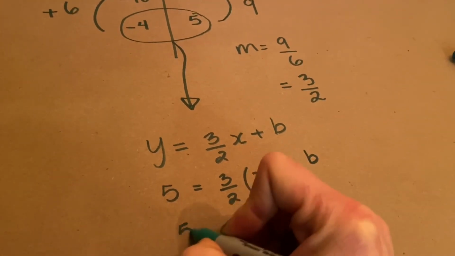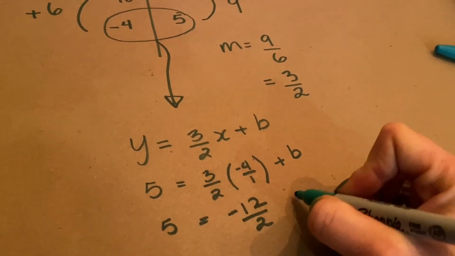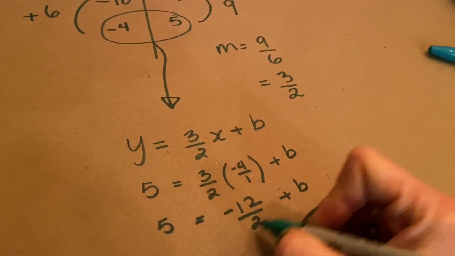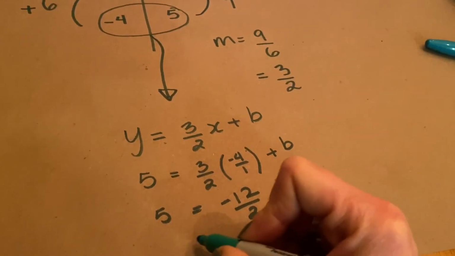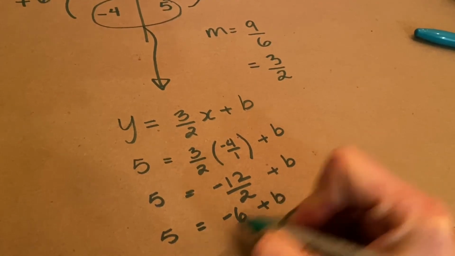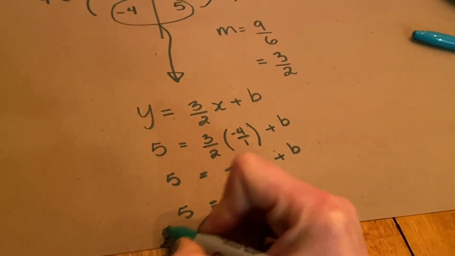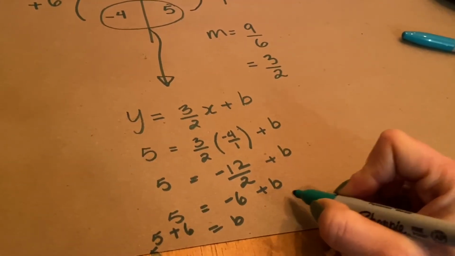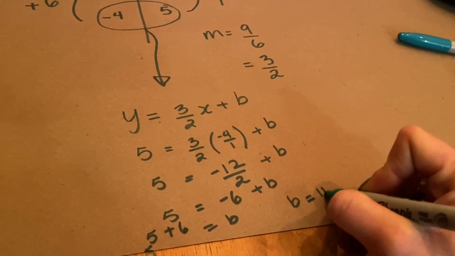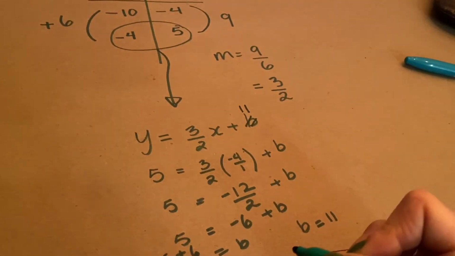So I have negative 12 over 2 plus b. Negative 12 over 2 is just negative 6. And that means that my b is 5 plus 6. So my b is equal to 11. So right here, this b is equal to 11.